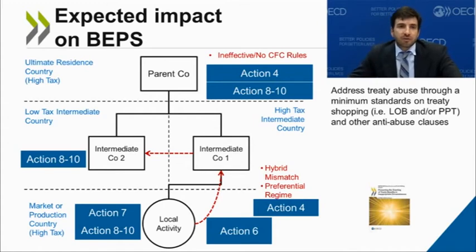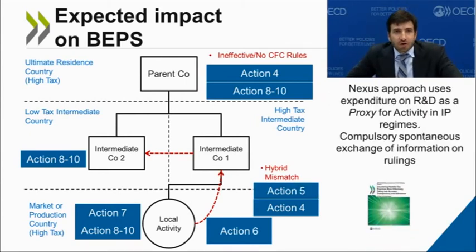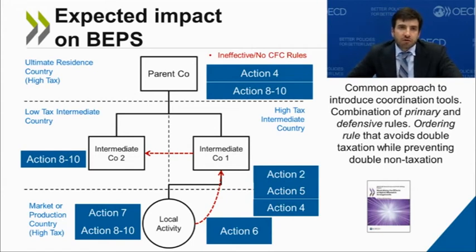Action 6 with the minimum standard. Add on top of that the work on Action 5 that basically, as Hakim has put it, has put a box around the box, in particular as regards preferential treatments on intangibles, and the work on hybrid mismatch arrangements, which effectively prevents double non-taxation due to lack of coordination between two different tax systems.